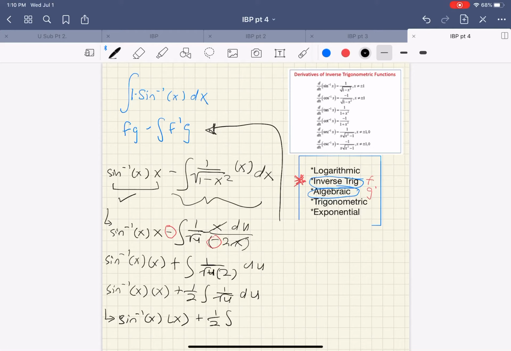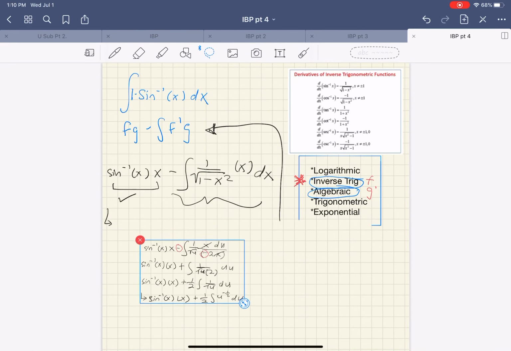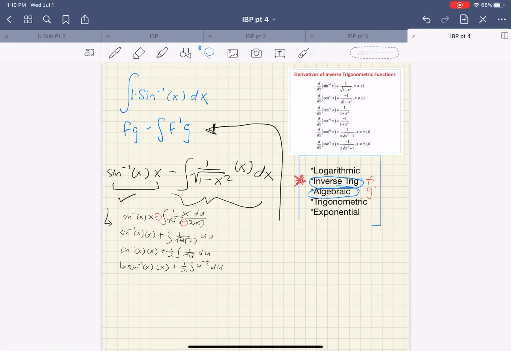So, since this is 1 over the square root of u, I know that the square root is just a power, and it's a power of 1/2. So what I could do is just do u to the negative 1/2 du, and then solve like that. Here, give me a sec. And get all of this right here. Make it a little bit smaller so I could have some space.